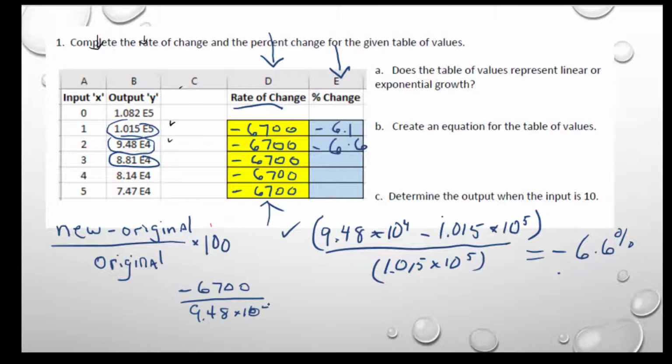You want to put that in your calculator. And then you're going to get another negative 6,700. And this time you're going to divide it by 8.81 times 10 to the fourth. And then the next one is going to be a negative 6,700 divided by 8.14.